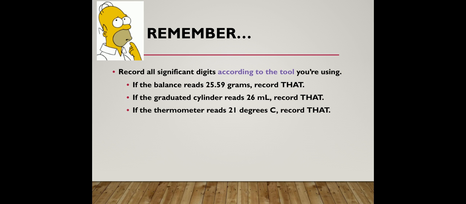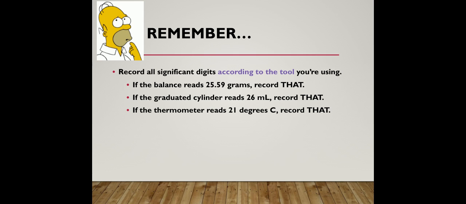Some last second things to remember is that you should record all significant digits according to the tool you're using. That means you can only be as accurate as the item you're using to measure. If a balance reads 25.9, record that. You don't have to go 25.596327. Just record what it is saying to you.